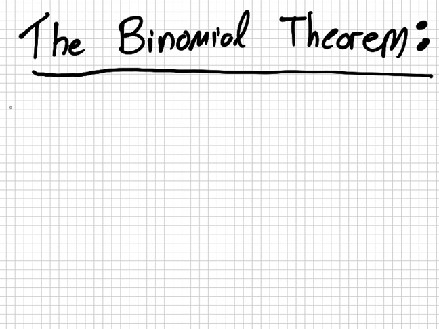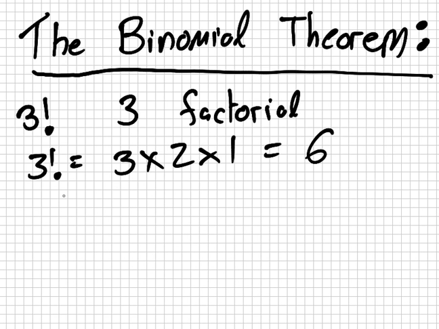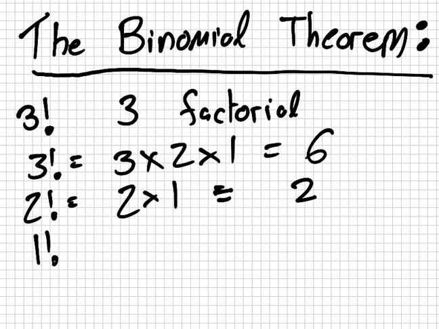Okay, first some definitions. If I write 3 with this symbol here, you read this as 3 factorial, and 3 factorial equals 3 multiplied by 2 multiplied by 1, so that's 6. 2 factorial is 2 multiplied by 1, that's 2. 1 factorial is 1.